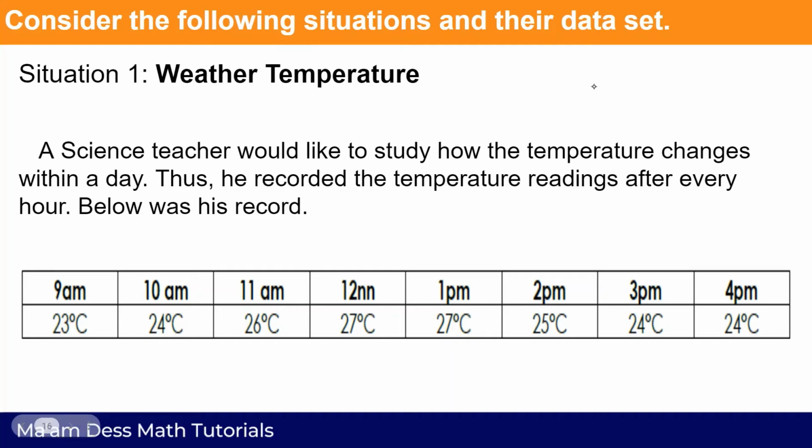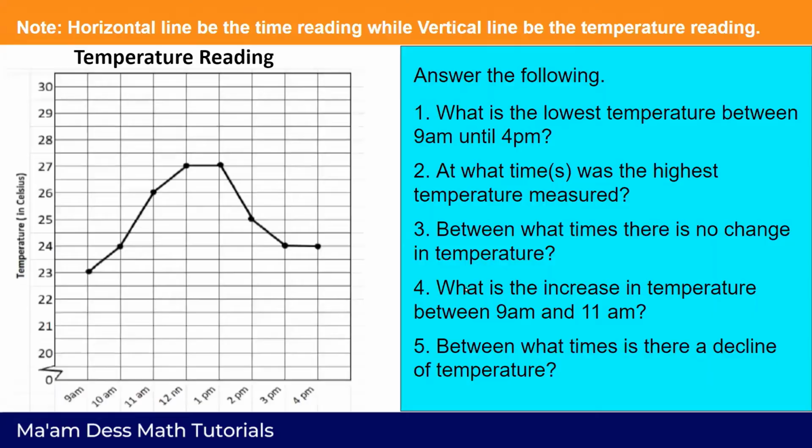For 10 a.m., 24 degrees Celsius. 11 a.m., 26 degrees Celsius. 12 noon, 27 degrees Celsius. And 1 p.m., 27 degrees Celsius. And 2 p.m., we have 25 degrees Celsius, 3 p.m., 24 degrees Celsius, and 4 p.m., 24 degrees Celsius.